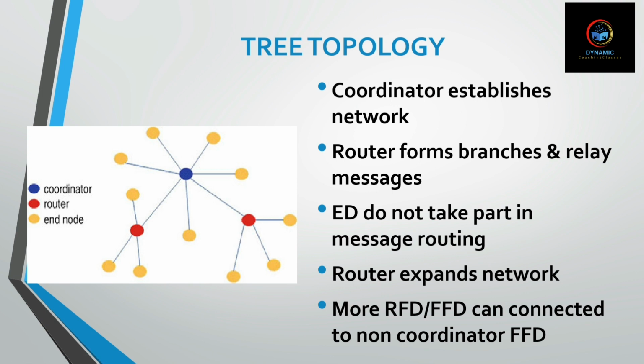In the star topology, if we want to communicate between end nodes, the packet has to transfer through the coordinator. That is not the case here, because the packet can also pass through the non-coordinator FFDs. So that is the difference between the tree topology and the star topology.